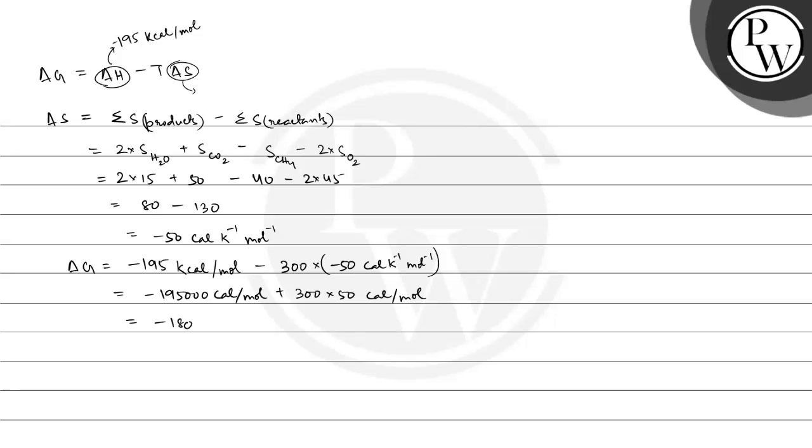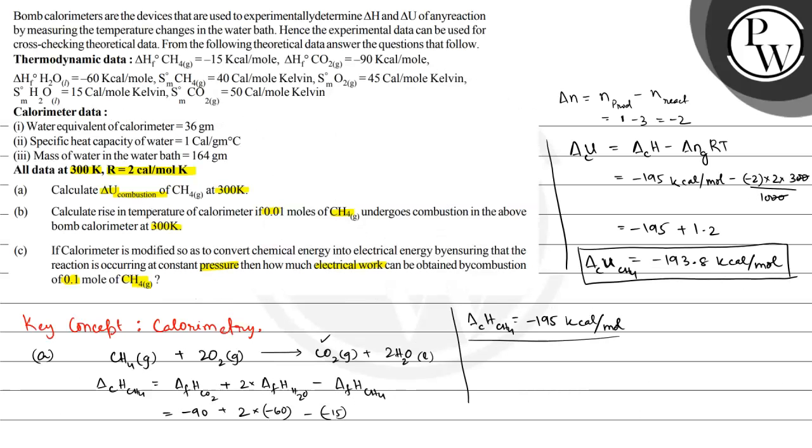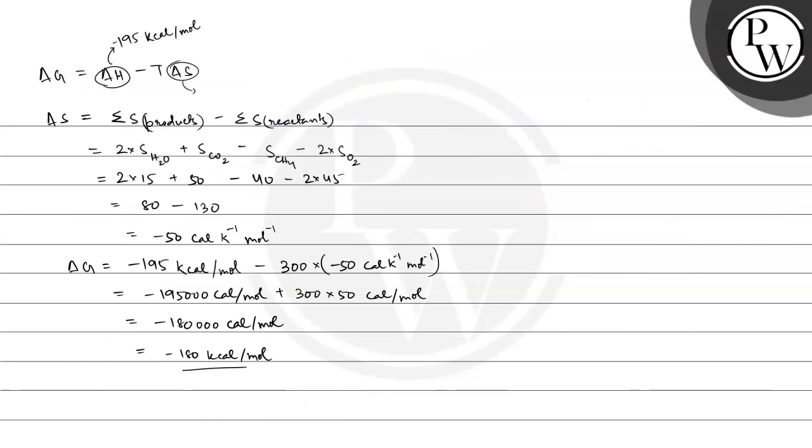minus 1,80,000 calorie per mole, or this is equal to minus 180 kilocalorie per mole, and this is per mole, but here it is given for 0.1 mole of CH4.